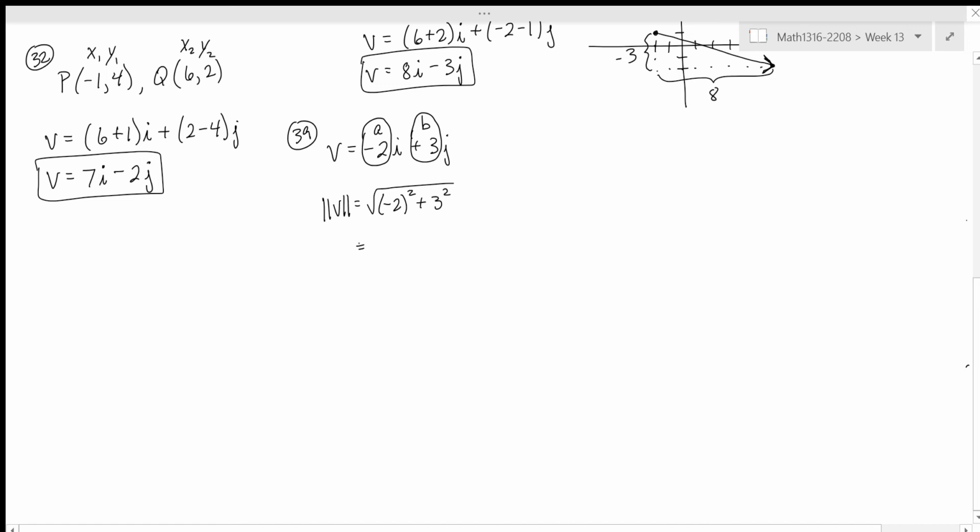And I would like that in exact form. I don't want a decimal approximation. I want it exact. And it is going to be positive only because it's a direction and you can't have a negative direction.